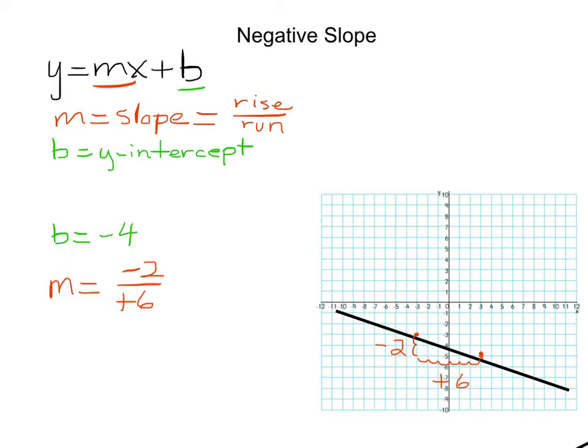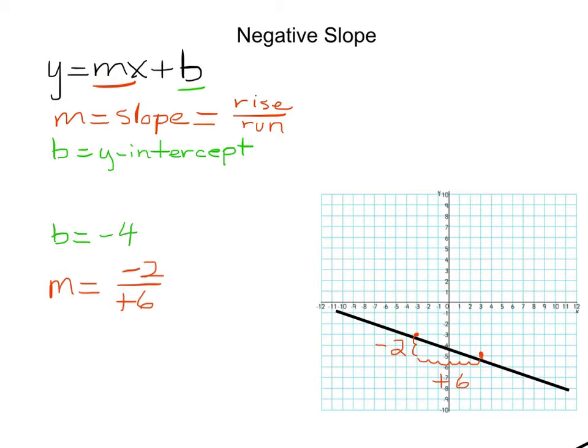Now, we are not yet finished, because if you look at that slope, you will see that our fraction of 2/6 can be simplified. And I did this on purpose just to give you guys some practice. So let's simplify this. -2 and +6. Okay, let's ignore the signs for now and just focus in on the 2/6. What can I divide 2 and 6 by?